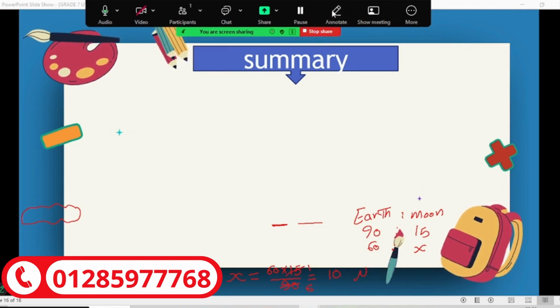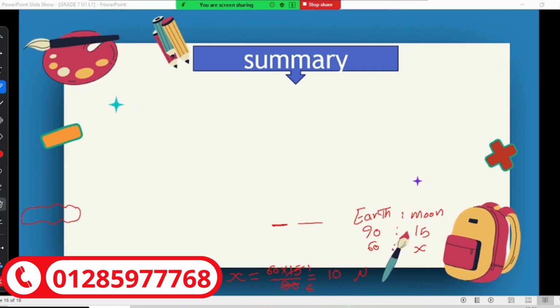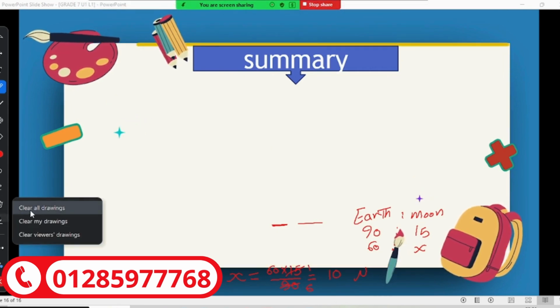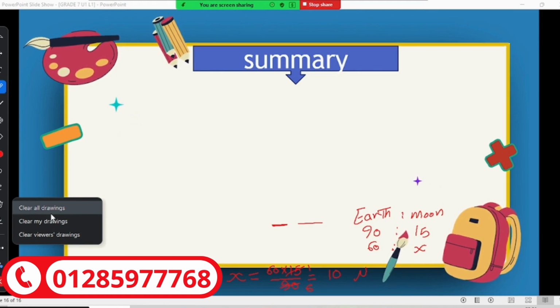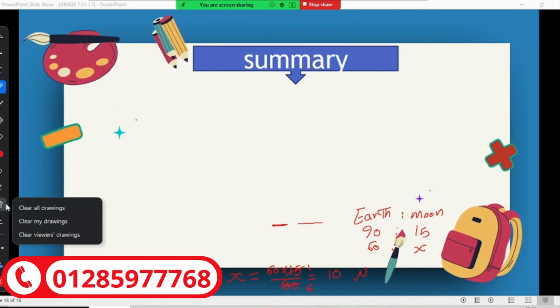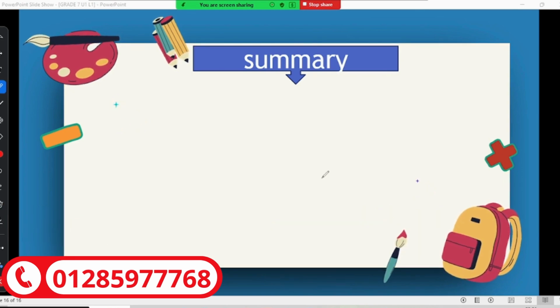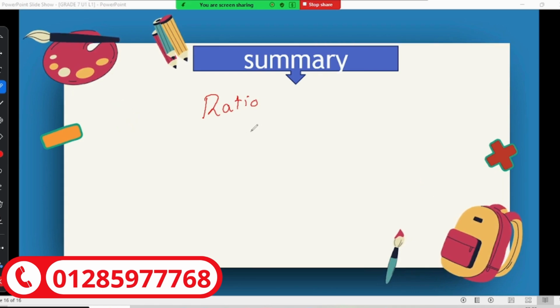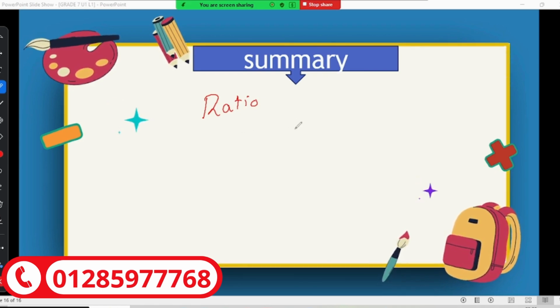Now we reach the end of our lesson, the summary or conclusion of our lesson today. At first, what is the meaning of ratio? Ratio is a comparison between two quantities of the same kind.